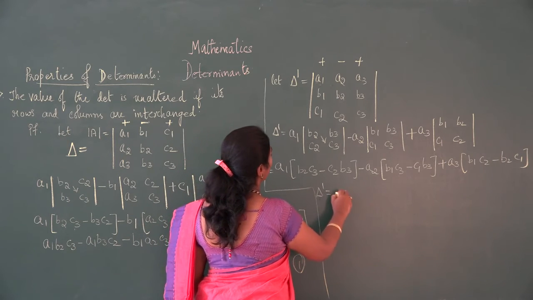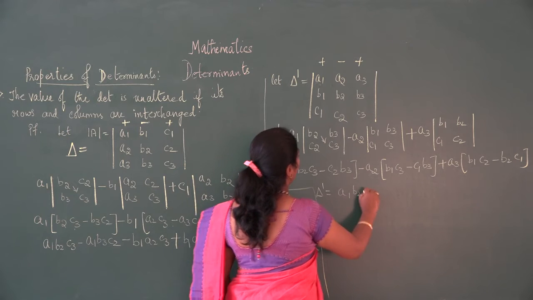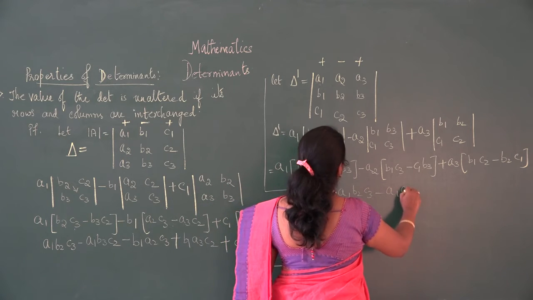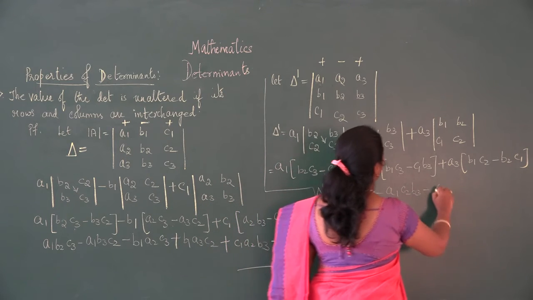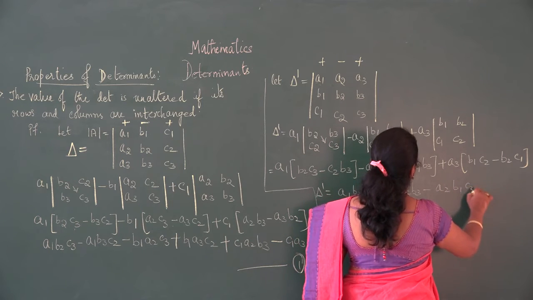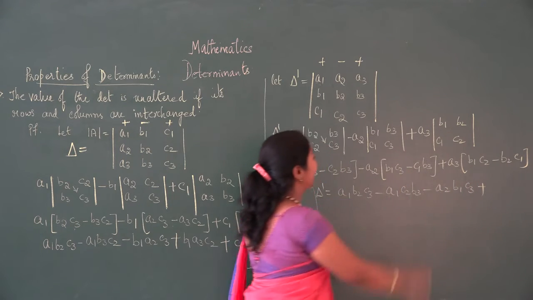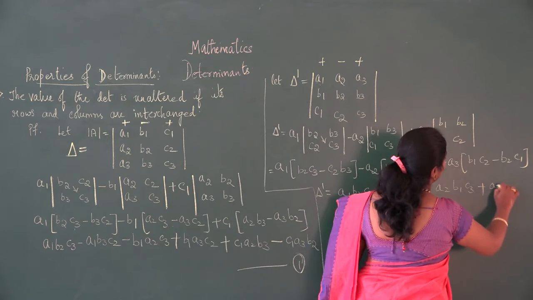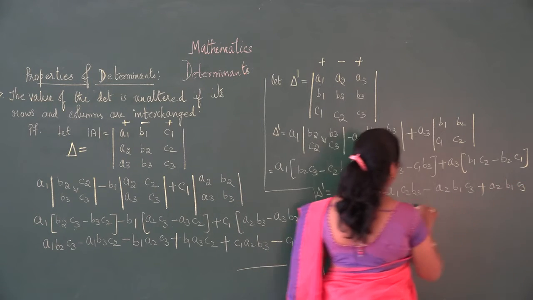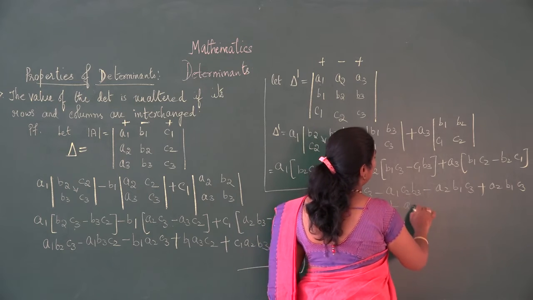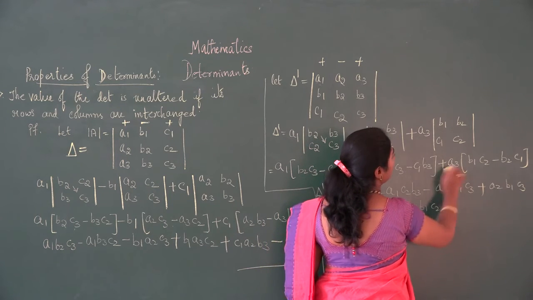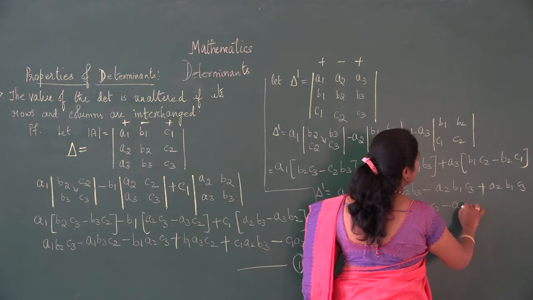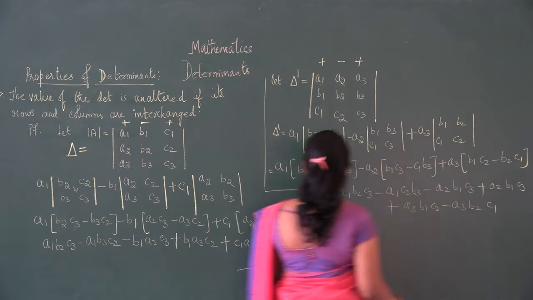Delta dash is equal to A1 B2 C3 minus A1 C2 B3 minus A2 B1 C3, minus into minus will be plus, so plus A2 C1 B3, plus A3 B1 C2, minus A3 B2 C1.